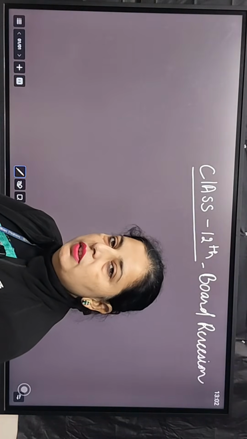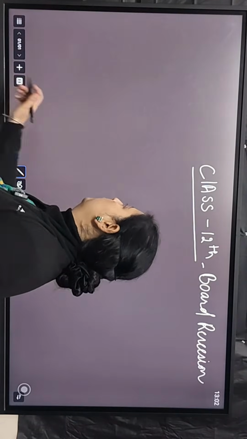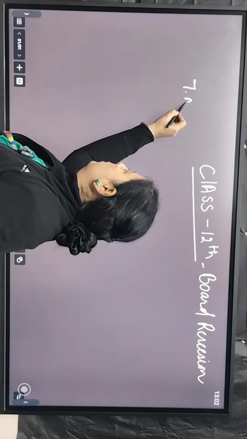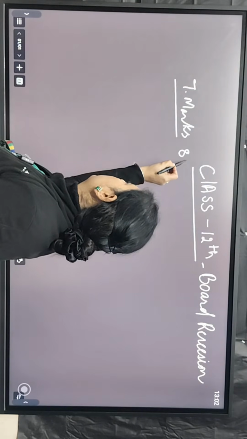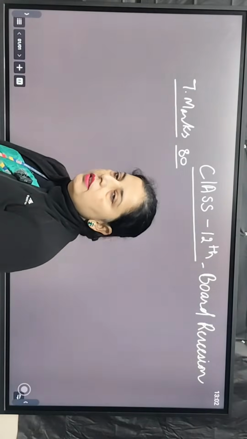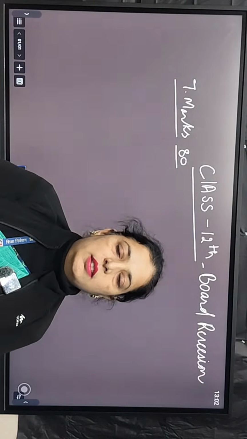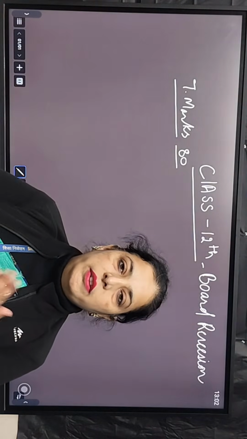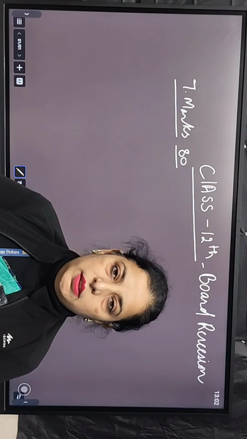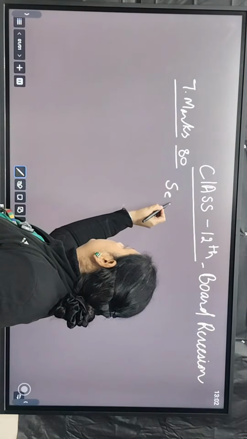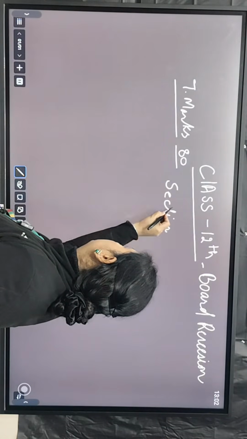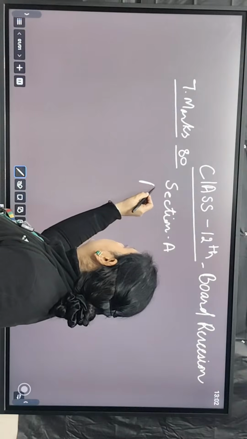Total weightage of the marks that we have in board exams: total marks 80. These 80 marks have been divided into three main sections of your board pattern. One is section A, that is reading skill.